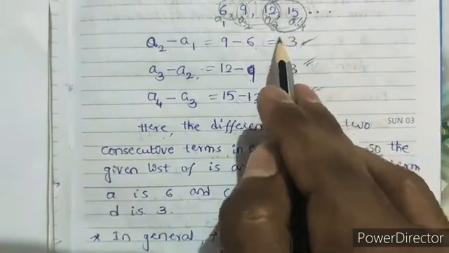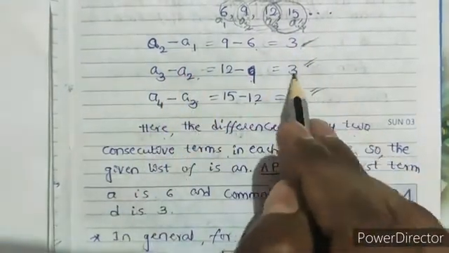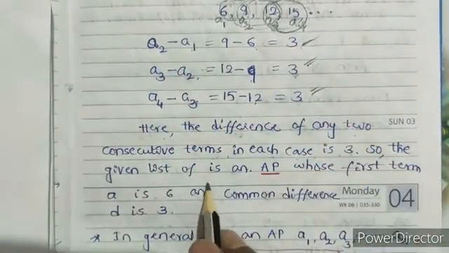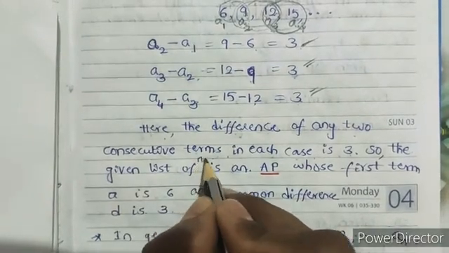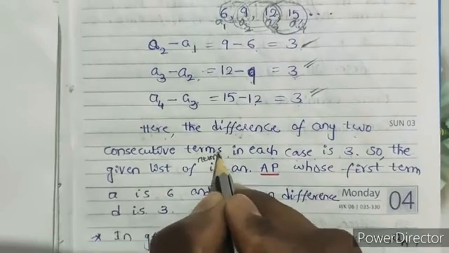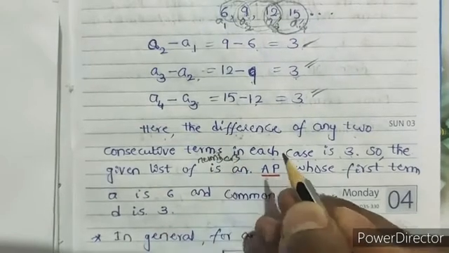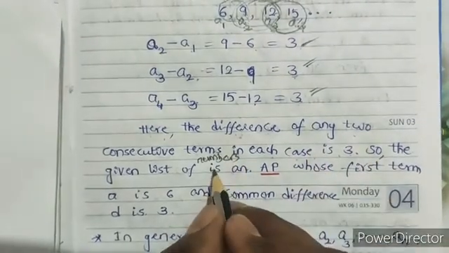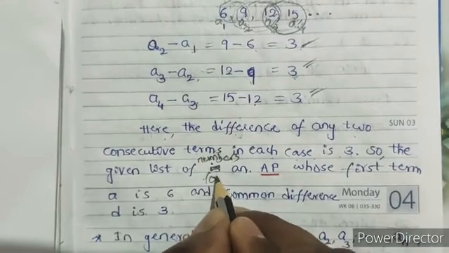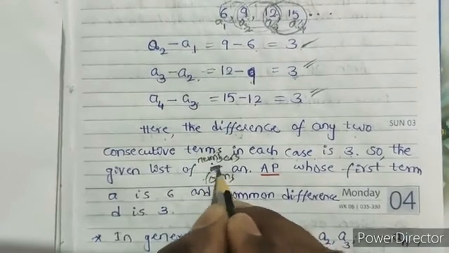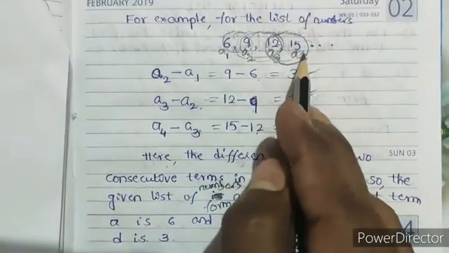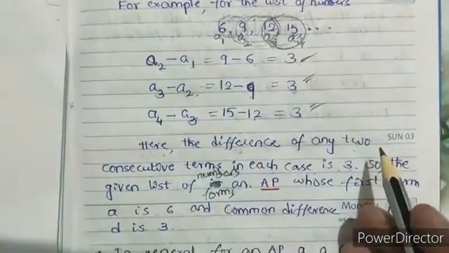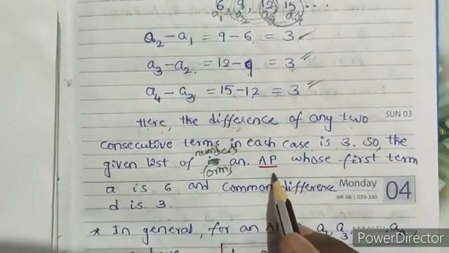So the given list of numbers forms an AP. So this list of numbers 6, 9, 12, 15 forms an AP, arithmetic progression.